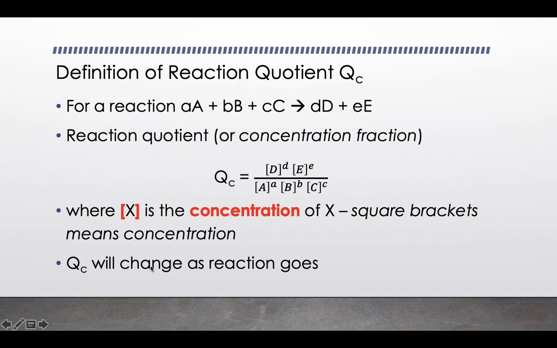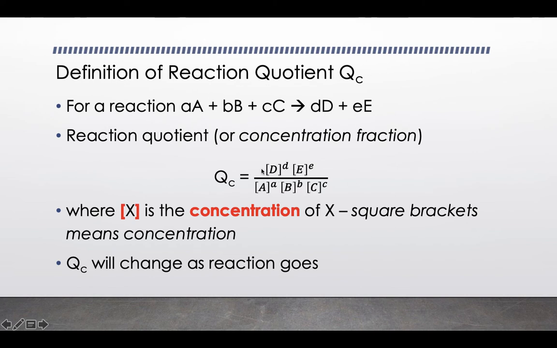The value of Qc will change as the reaction goes. If this reaction goes forward, initially there might not be many products, but there are a lot of reactants, so your Qc would be small. If the reaction keeps going forward, then products keep being produced and reactants consumed.